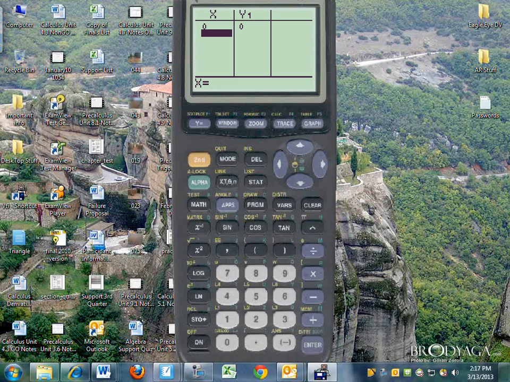The tangent of 10 degrees, 0.17, smaller than 1. Tangent of 20 degrees, still smaller than 1. 30 degrees, still smaller than 1. 40 degrees, still smaller than 1. 45 does happen to be 1.